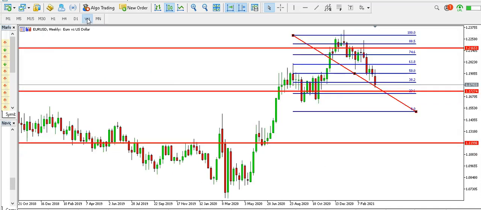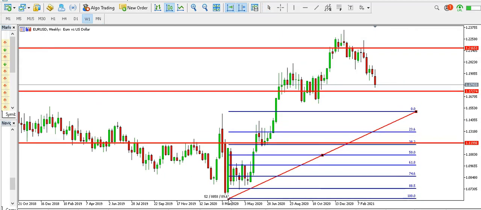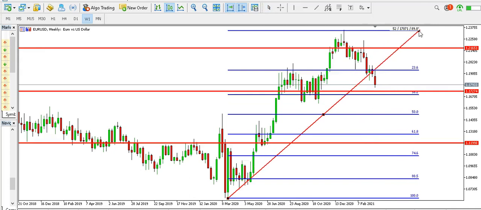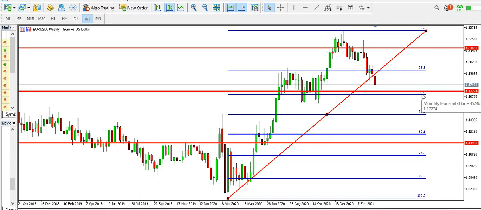So on my weekly time frame, this is my low. This is my high, and price is retracing. Okay, it has retraced past the 23.6 Fibonacci level, and it is approaching the 38.2 Fibonacci level.